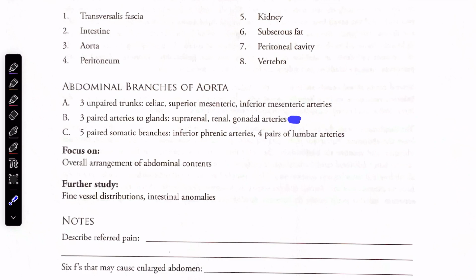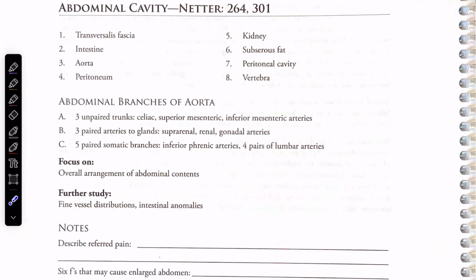More posterior, a little bit lateral, you're going to have 3 paired arteries, which is running from the aorta to your kidney, your adrenal gland, and to your genitals. Whereas C, that's going to be coming off posterior, and that's going to be the inferior phrenics, your lumbar arteries as well.